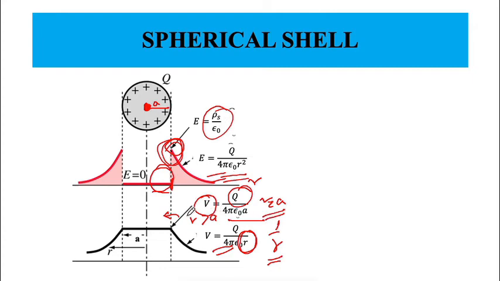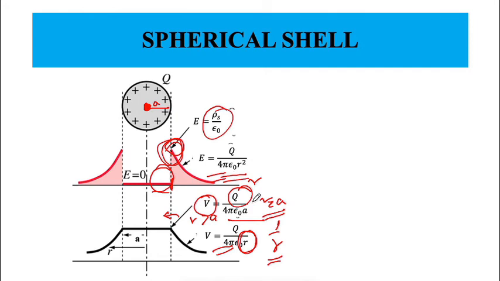you are going to get a total potential of Q total, which is the total charge enclosed, that is rho s times 4 pi a square, divided by 4 pi epsilon naught a. So this must be the potential of the spherical cell, the value of Q total by 4 pi epsilon naught a at r equals a.